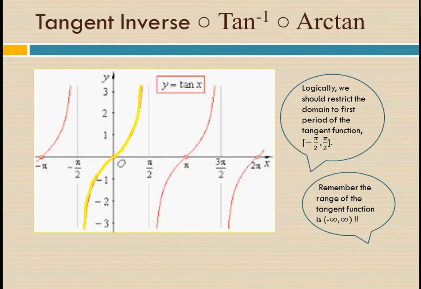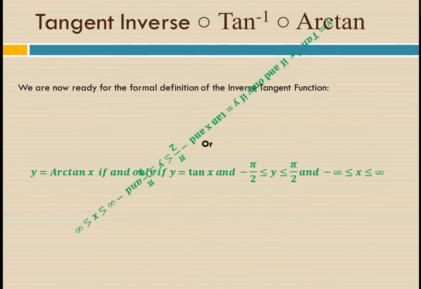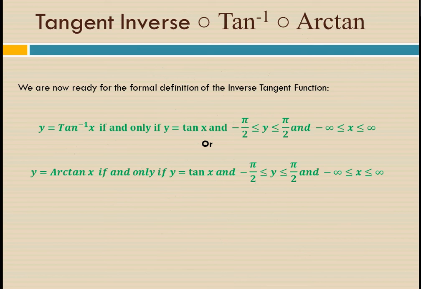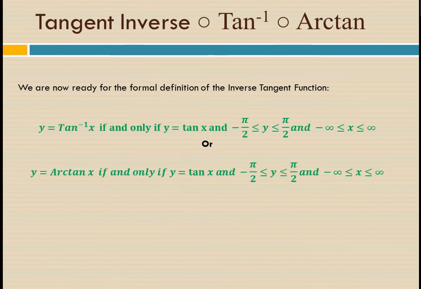By the way, the range values here are negative infinity to infinity. So here we go, our tan inverse. Y equals the tan inverse of x if and only if y equals the tan of x, and y is between negative pi over 2 and pi over 2, and x is between negative infinity and infinity. And then we can also use the arctan notation instead of the tan inverse.